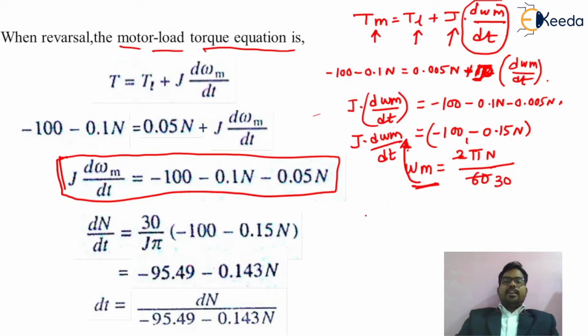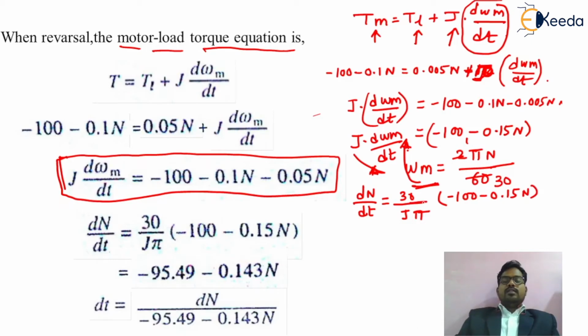So we get dn by dt is equal to 30 divided by J into pi, with pi kept as it is, in bracket minus 100 minus 0.15 N.